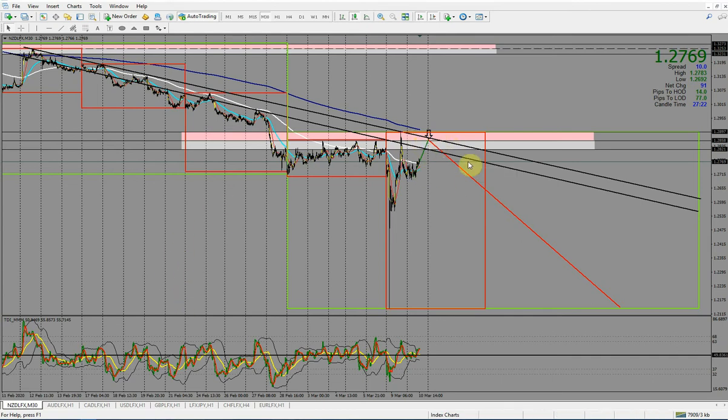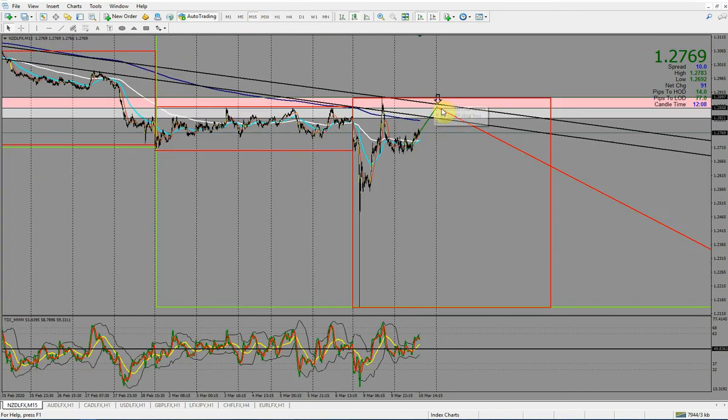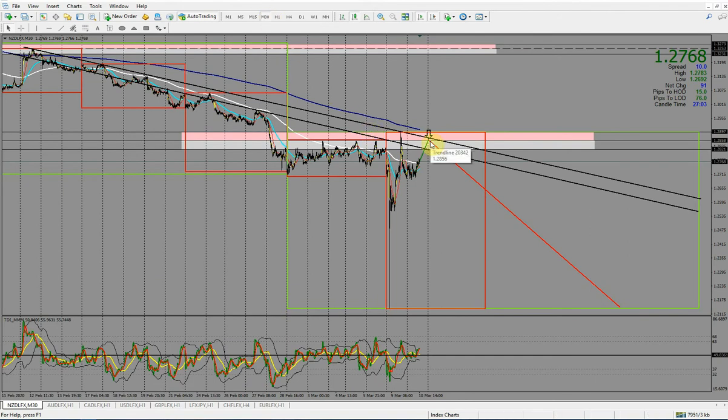Hence I'm expecting the price to go up until at least later in the night, maybe around midnight, tomorrow morning. That is when I'll be expecting the high price to be established, a retest of that resistance zone there.